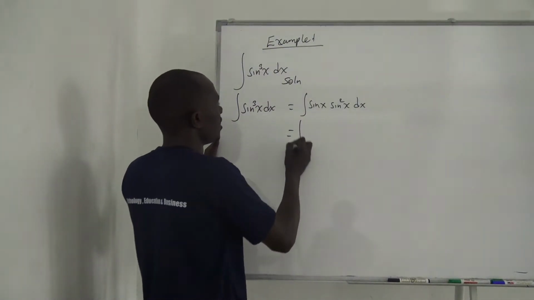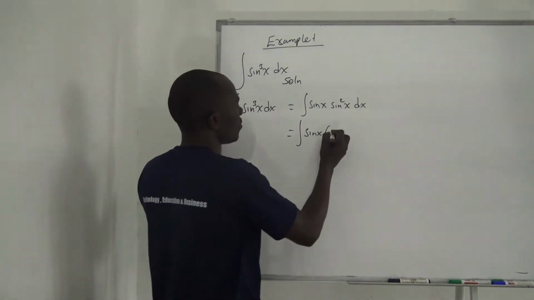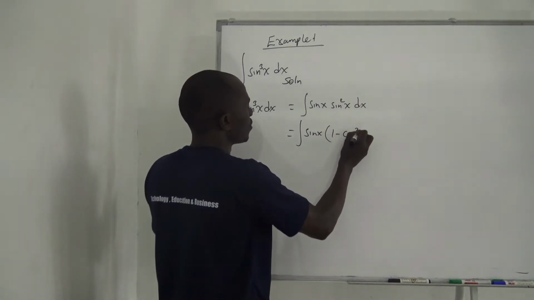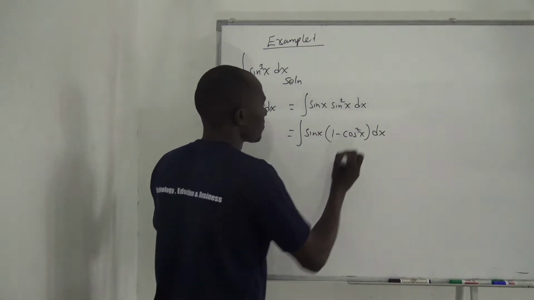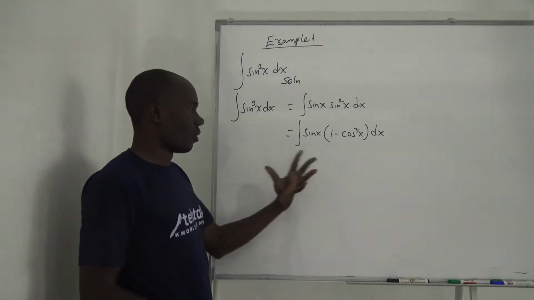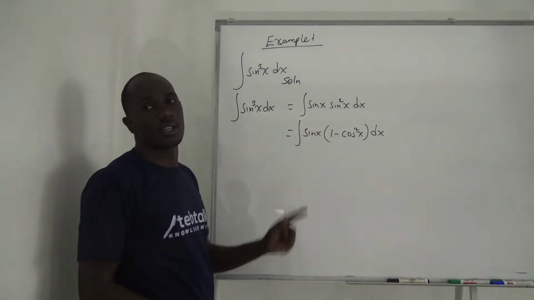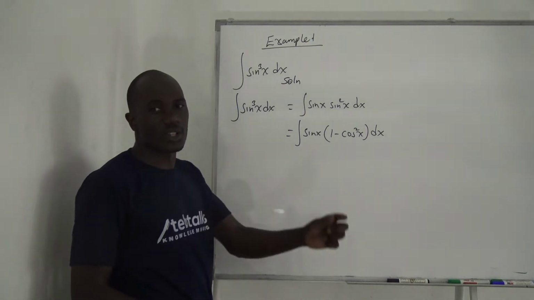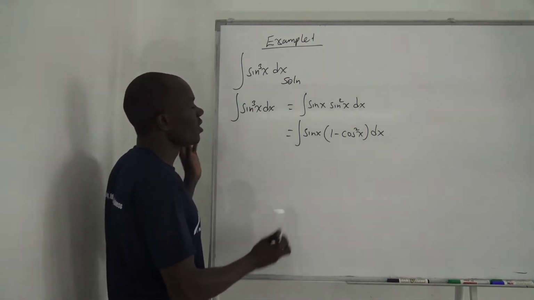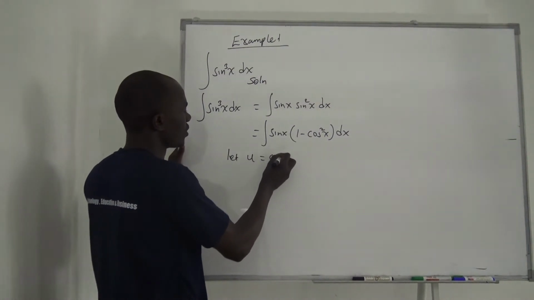This becomes the integral of sine x times 1 minus cos squared x dx. Now observe, when I differentiate a cos, I get a sine. It means we have a function and its derivative. So let u equal cos x.